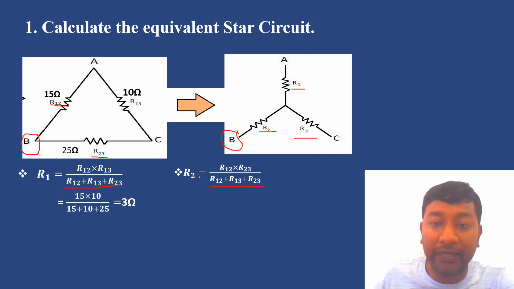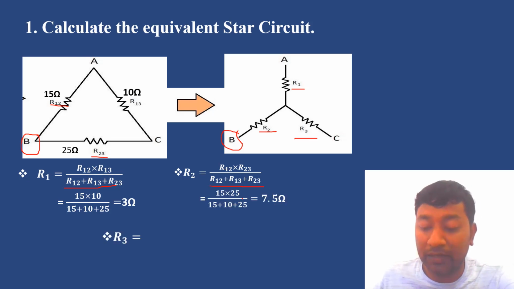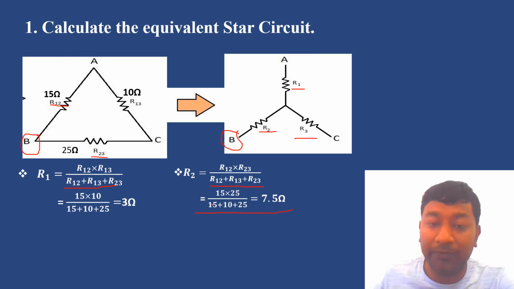Now we will calculate the value of R2. R2 is 15 into 25 divided by 15 plus 10 plus 25. So we are getting 15 into 25, divided by 15 plus 10 plus 25, that is 7.5.